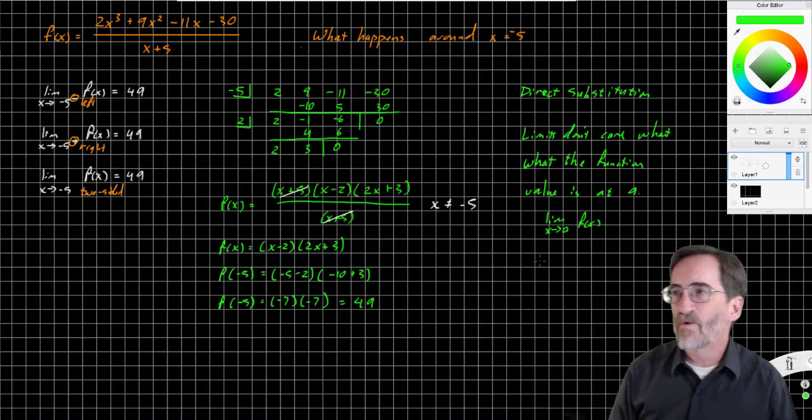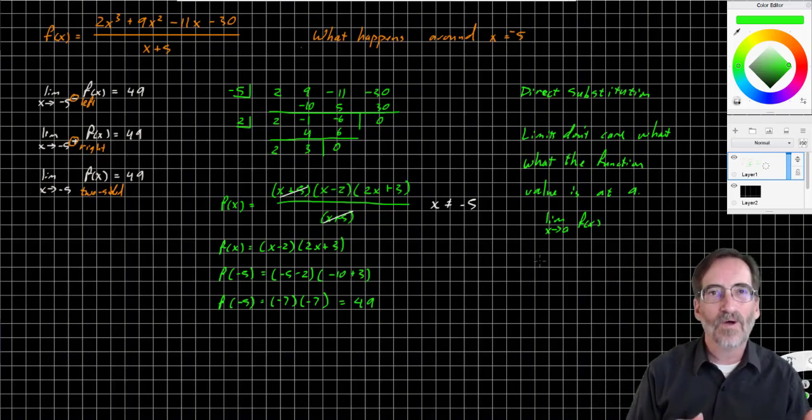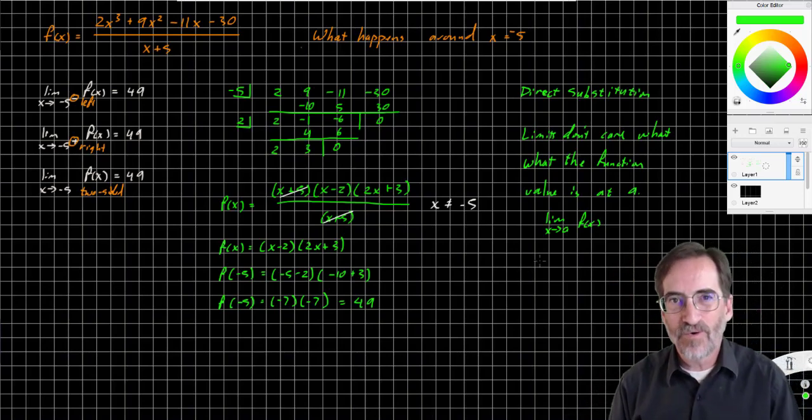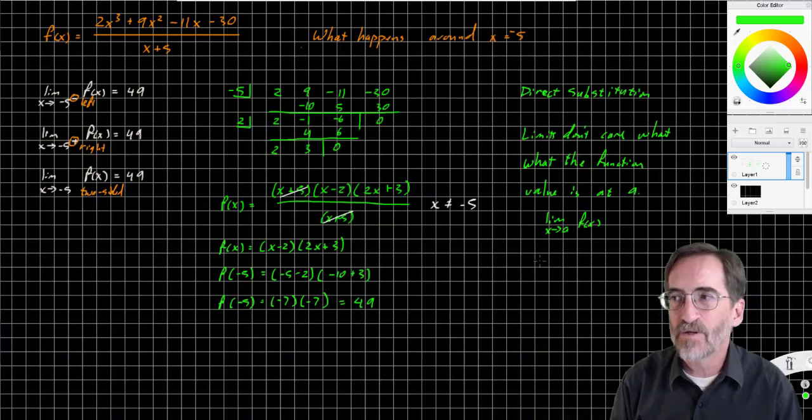We don't care what the function value is at a, we care what the function value is as we approach a, as we get closer and closer to a, but without actually arriving at it.